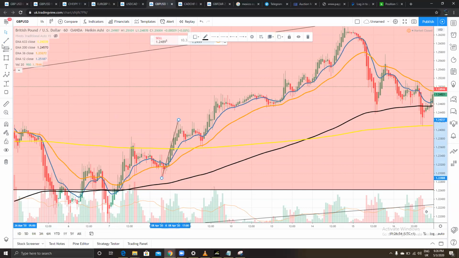Okay, I need to wait for price to retrace back to the 36 EMA, right, which I'm seeing over there. So 0 to 1, and then 1 to 2, and then 2 to 3. This is 1 to 2, then I'll look at this as 2 to 3. So price needs to hit that 36 EMA. When price hits that 36 EMA, then I want to see the first green candle.